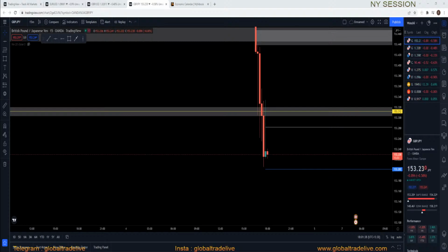Yeah, I was right. So it just broke the low. Now let's see whether it continues to move down or flips back up from here. Oh, what the fuck?